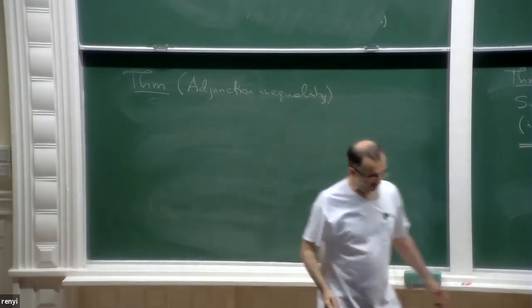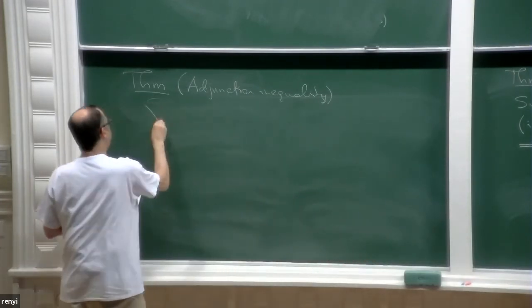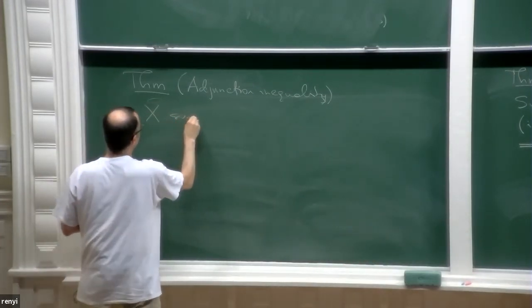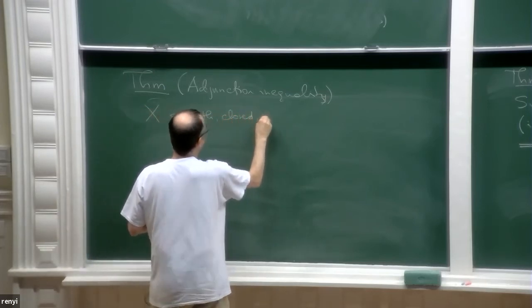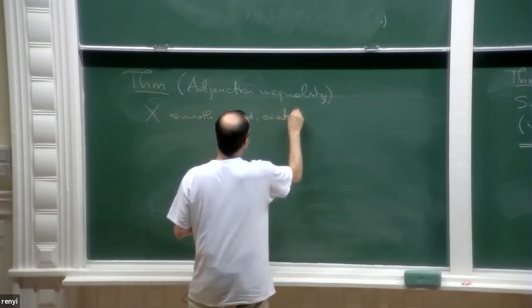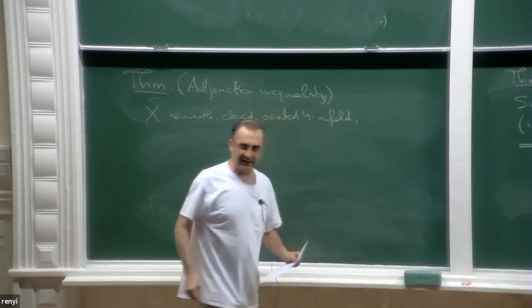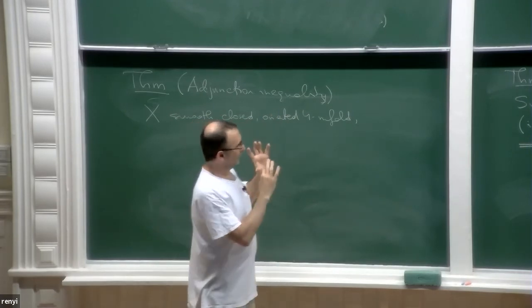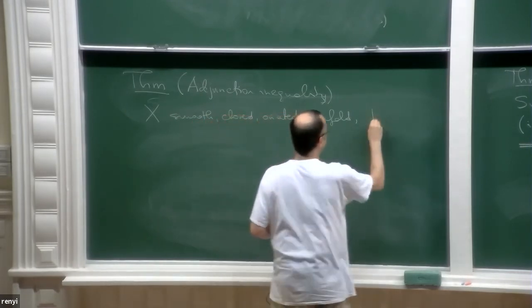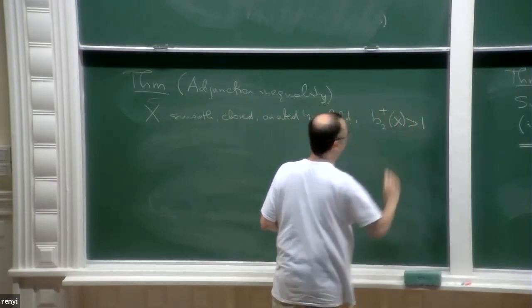So suppose, once again, as always, X is a smooth, closed, oriented 4-manifold. And now, as we are in this Seiberg-Witten world, we also have a running assumption of the b2 plus of X being bigger than 1.